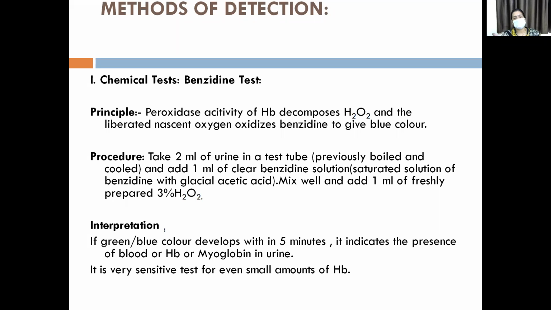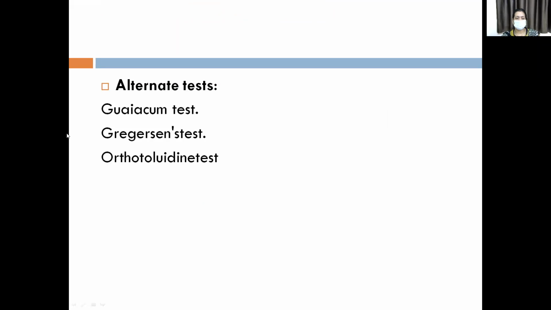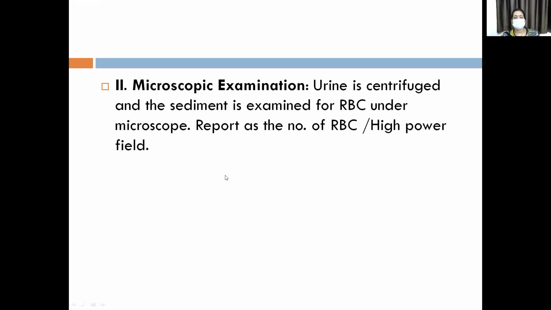The hydrogen peroxide gets cleaved and liberates oxygen, and this oxygen reacts with the benzidine to give the blue color. So this is the benzidine test. An alternate test is the orthotolidine test, which you should remember if they ask.